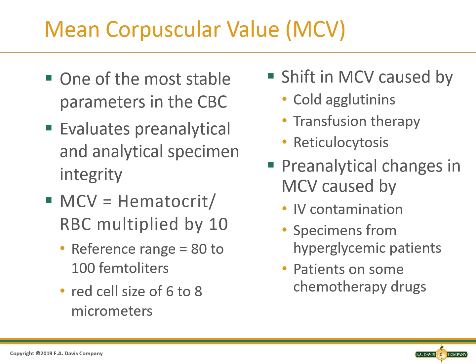Specimens from hyperglycemic patients, where hyper means high or increased glycemic, indicative of glucose, so that means the patient is diabetic in some capacity. And also you can have changes occur when the patients are on some sort of chemotherapy drug.